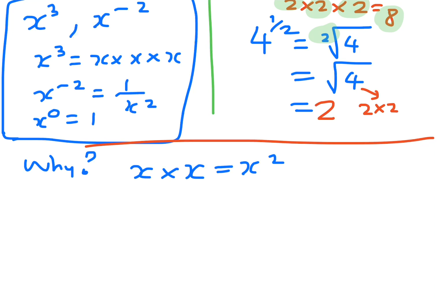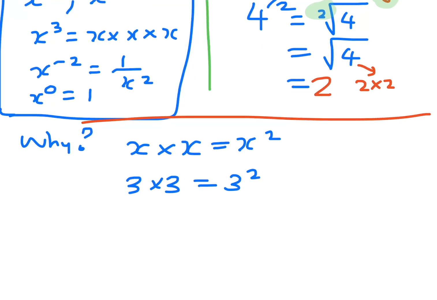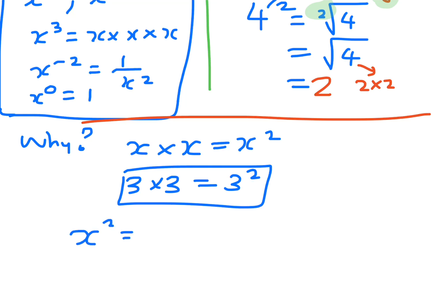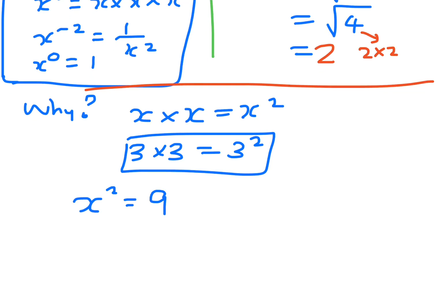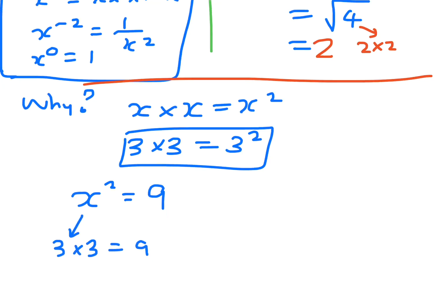Now, if I multiply two things together and it gets a square, like 3 times 3, that is 3 squared. So if I have x squared equal to 9, what x value would you multiply by itself to give 9? It'll be 3, because 3 times 3 is 9.